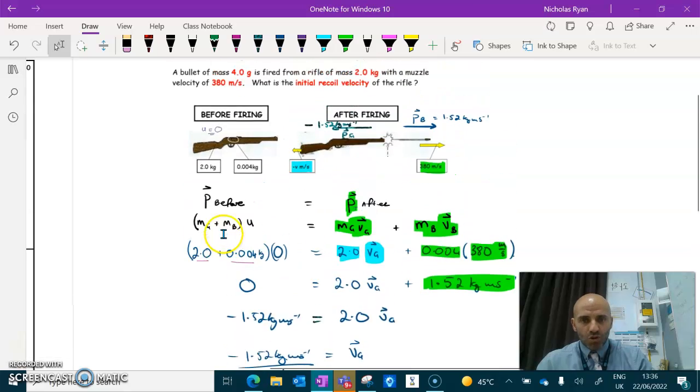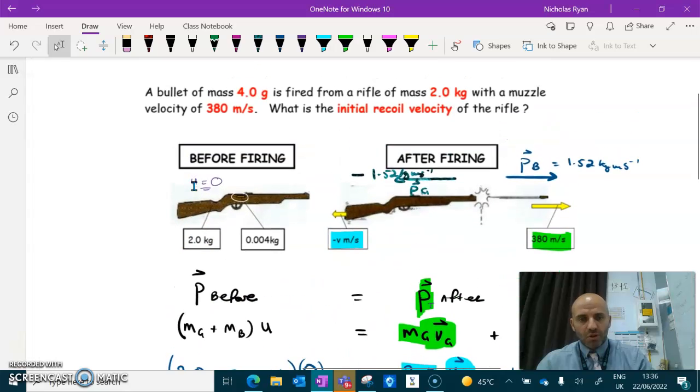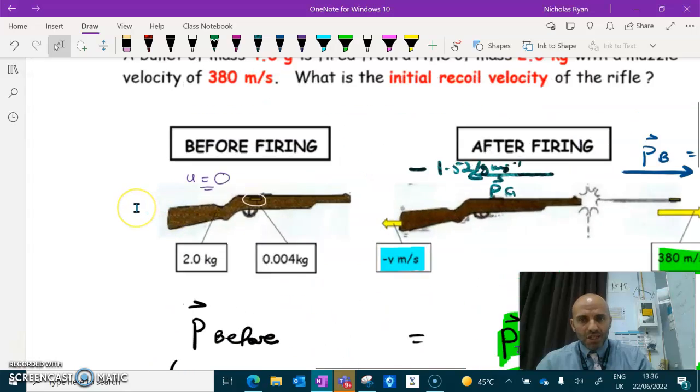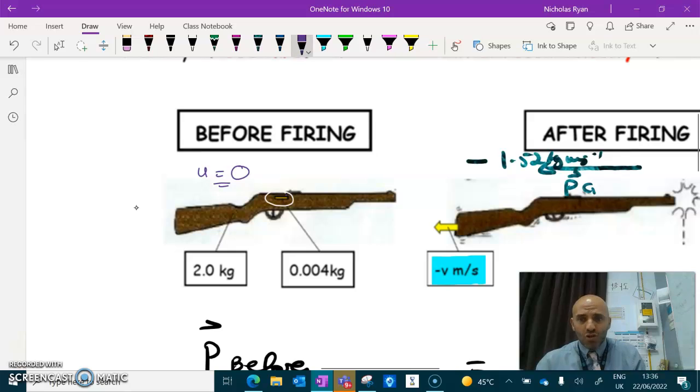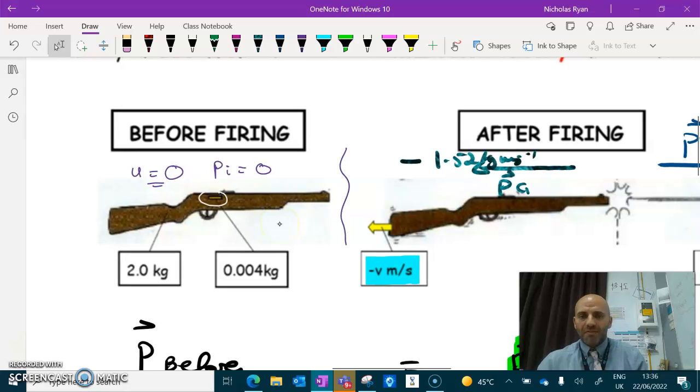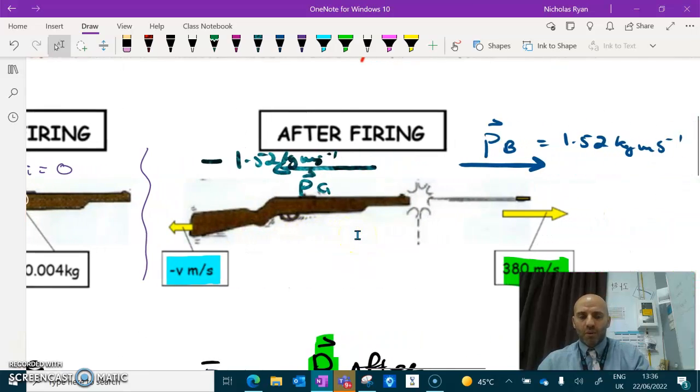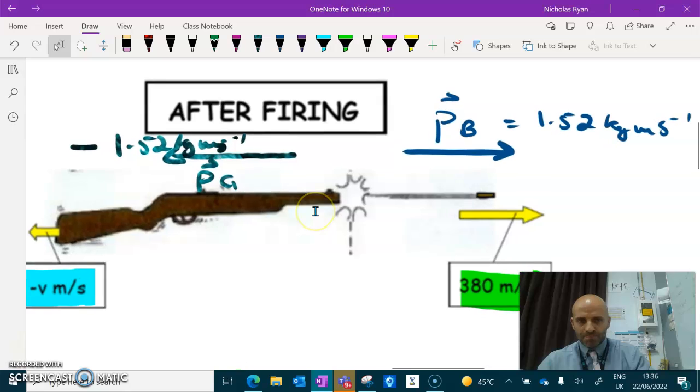Okay, so just to walk through that one more time, because I do know that this is a confusing topic. Initially, the momentum here was 0, so I can't draw any vector. The total momentum is 0 before. If the total momentum is 0 before, that means that the total momentum afterwards also must be 0. Momentum is a vector.